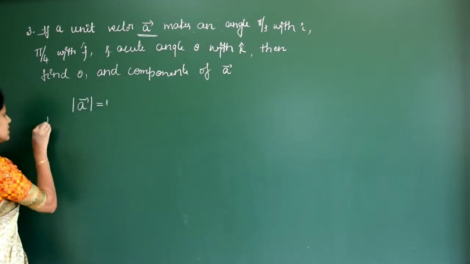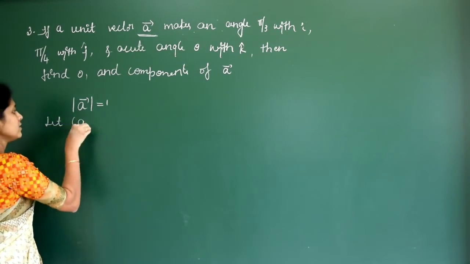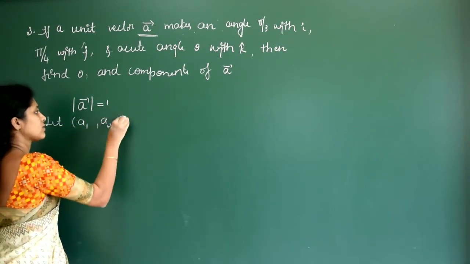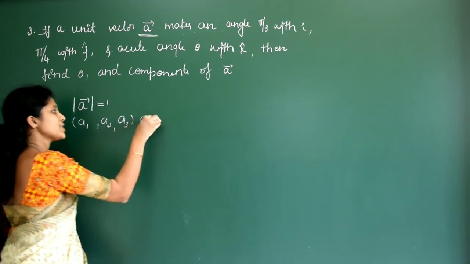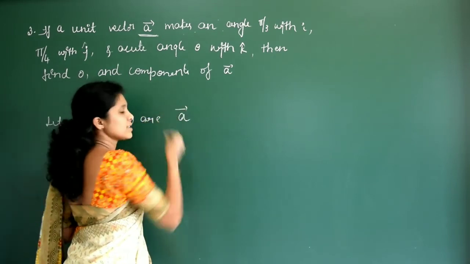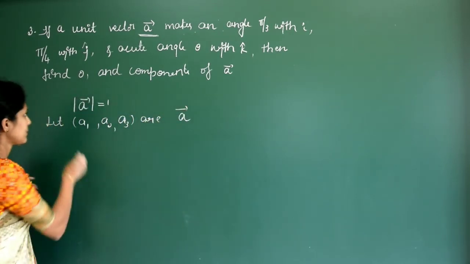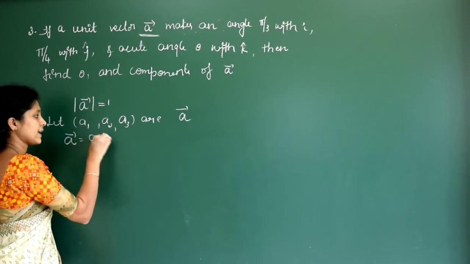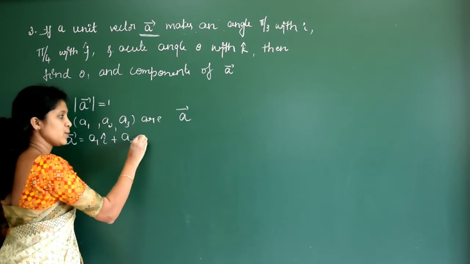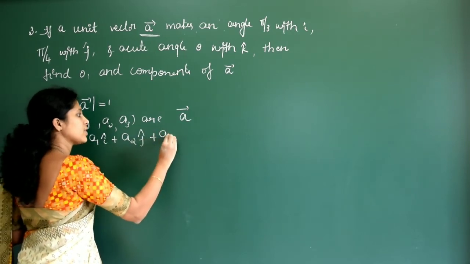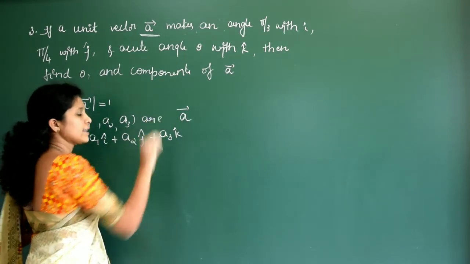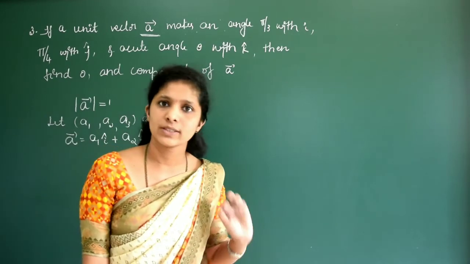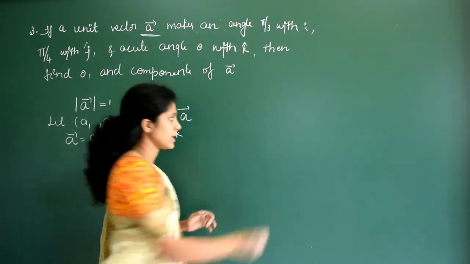Let A1, A2, A3 be the components of vector A. That means vector A is equal to A1 I cap plus A2 J cap plus A3 K cap. In the beginning, you have studied direction cosines. What is meant by direction cosines?